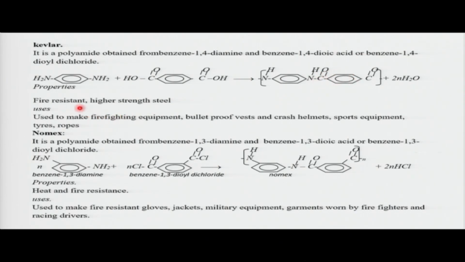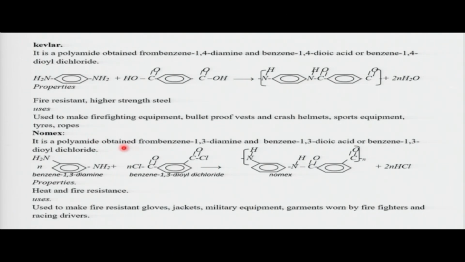The properties of Kevlar, we said, are that it is known for its fire resistance and higher strength, meaning it has a higher strength than steel. Like last time I told you that it is 5 times stronger than what? Steel. So it is used in making firefighting equipment, bladeproof and bulletproof vests, crash elements, sports equipment, tires, and ropes, as we are going to see.